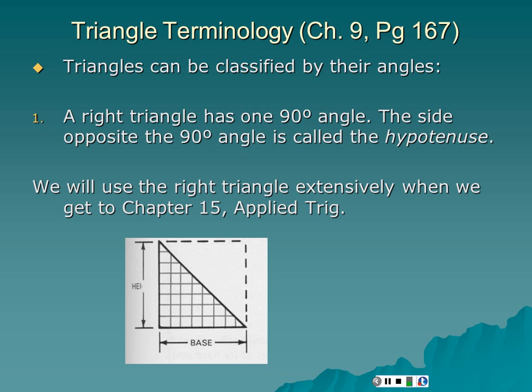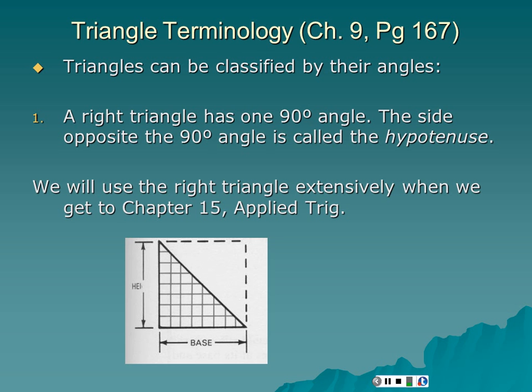Now the right triangle has one 90 degree angle. We don't care about the other 2 angles. We know that the total will be 180 for sure, but one angle must be exactly equal to 90 degree.